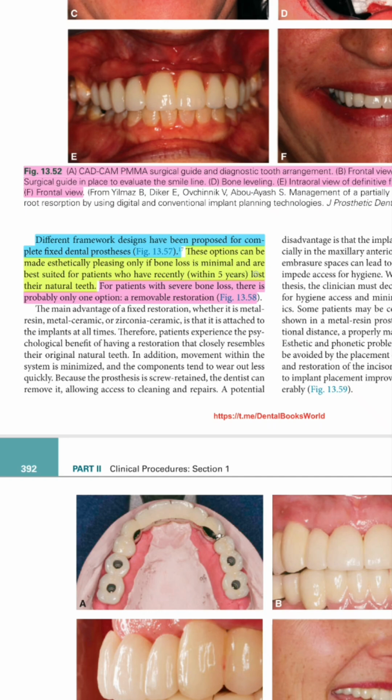It is indicated where the patient has recently, within 5 years, lost their natural teeth, which means that we have an adequate amount of bone that can tolerate the weight of the fixed denture. As for patients with severe bone loss, there is probably only one option: a removable restoration.